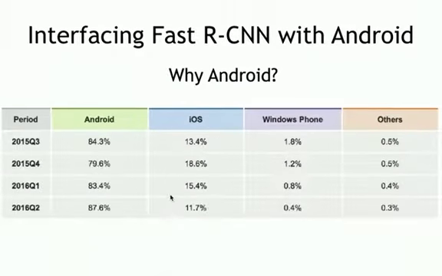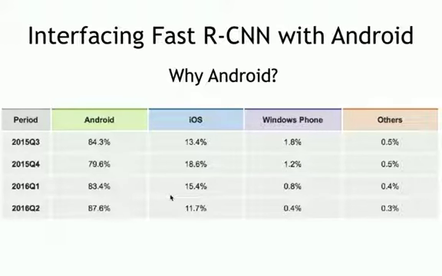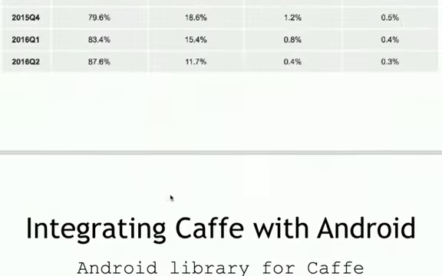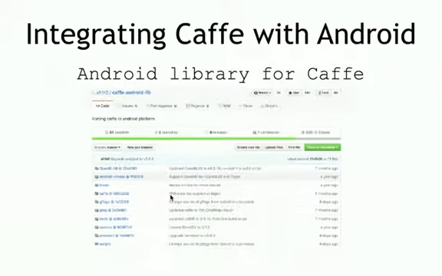So why are we developing an app on Android? Android has the highest market share of operating systems in the world. As per the quarter 2 2016 results, 87.6% of the phones in the world are Android enabled, so we'll go with Android phones.